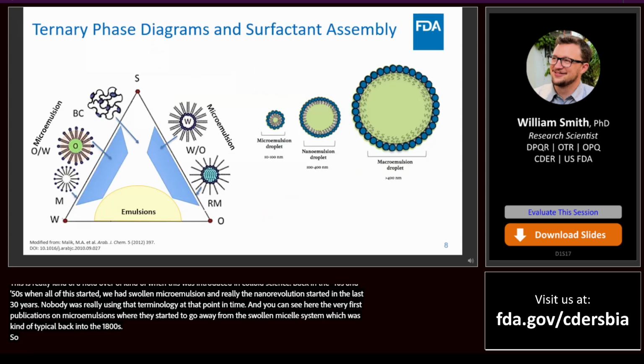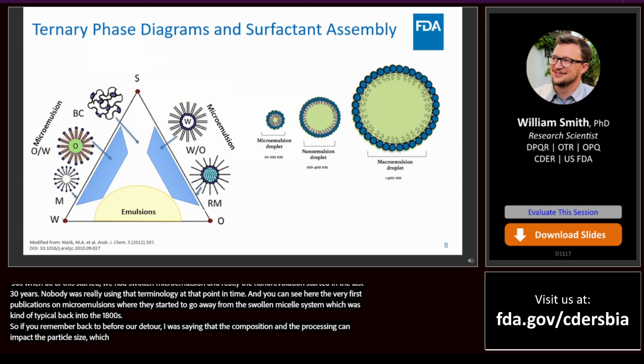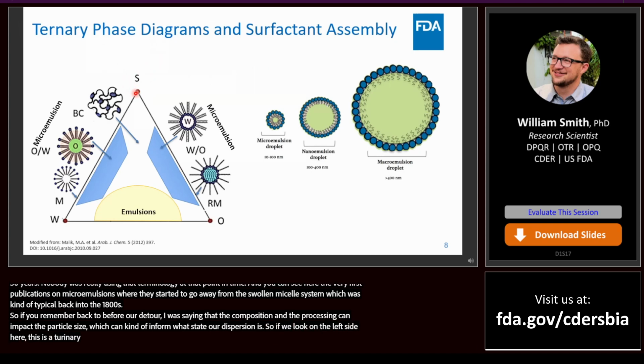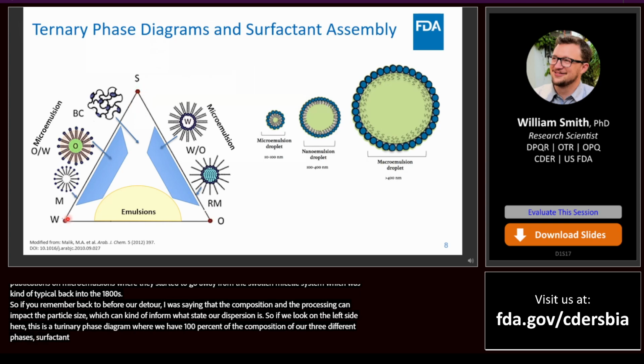So if you remember back to before our detour, I was saying that the composition and the processing can impact the particle size, which can kind of inform what state our dispersion is. So if we look on the left side here, this is a ternary phase diagram where we have 100% of the composition of our three different phases, so surfactant, water, and oil, representing these vertices.